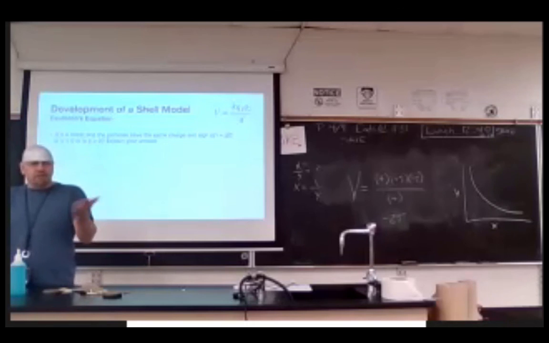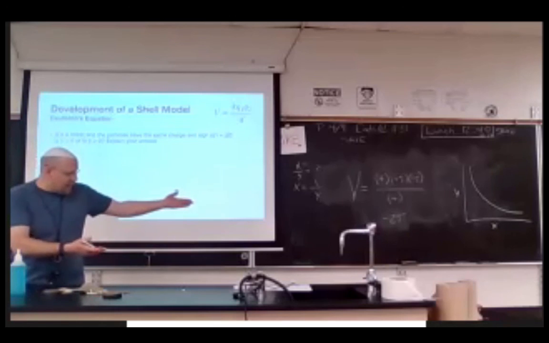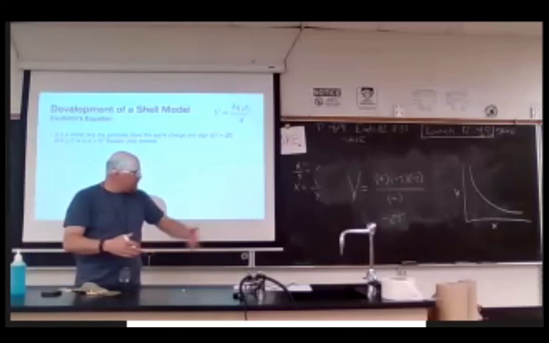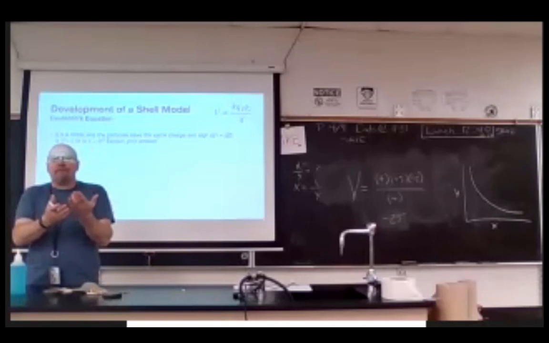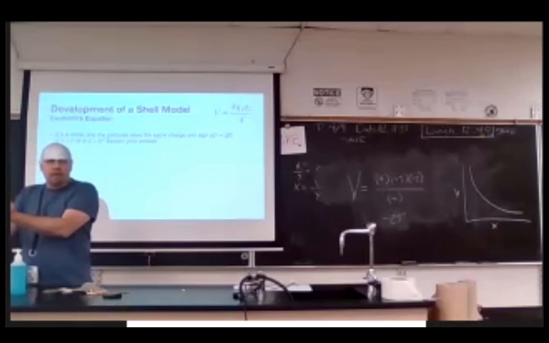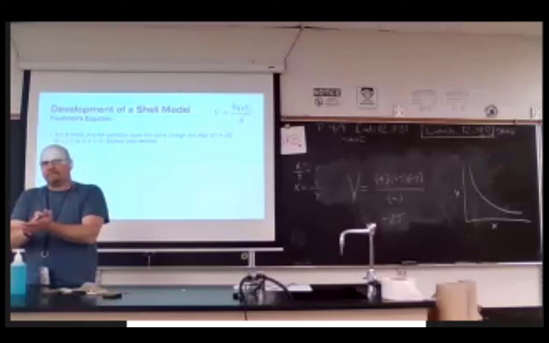The attraction between a positive and a negative, a negative 25V, is the same amount of force as the repulsion between two positive values or two negative values that have a value of 5. Any questions?